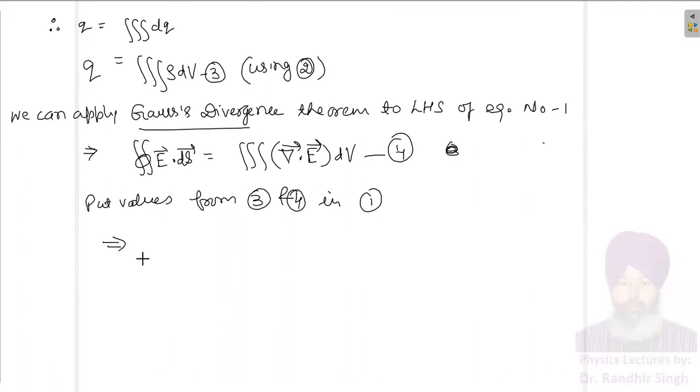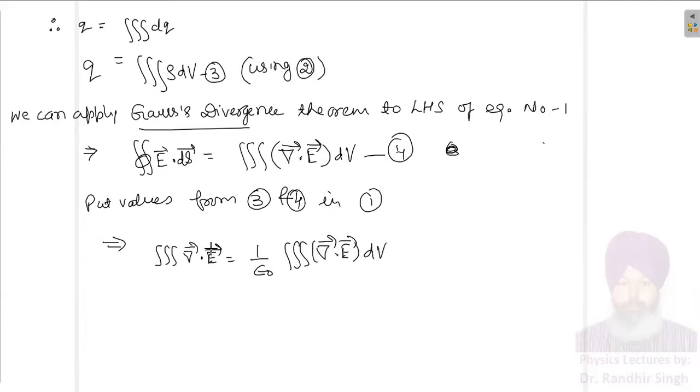So on the left hand side you will get triple integration of del dot E dv, and on the right hand side I will have 1 by epsilon naught times triple integration of rho dv.